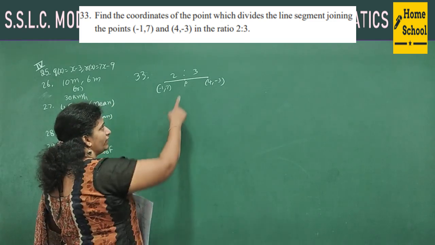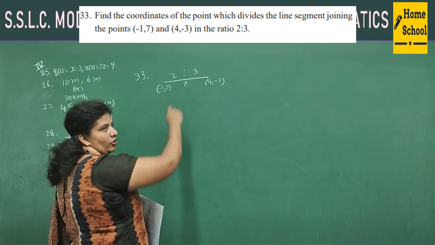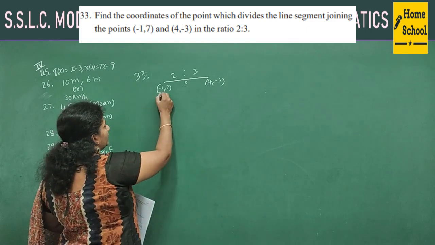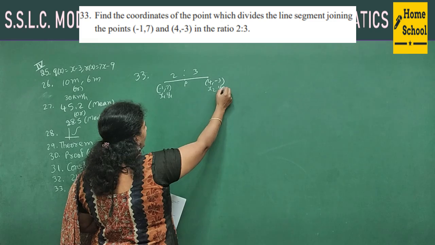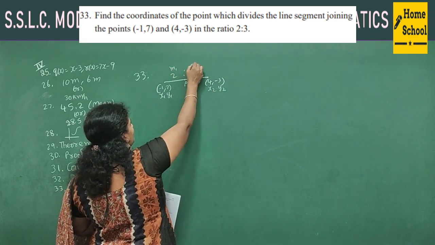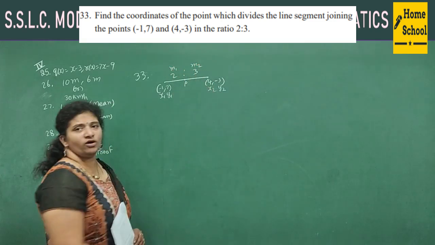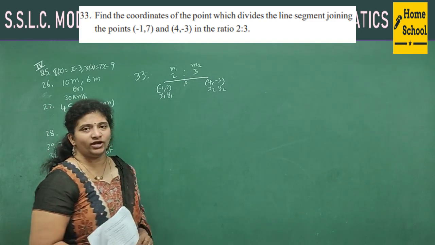So what we need to find? We need to find this point's coordinates. So they have given x1, y1, x2, y2, ratio m1:m2. Which formula are we going to use to find the point?